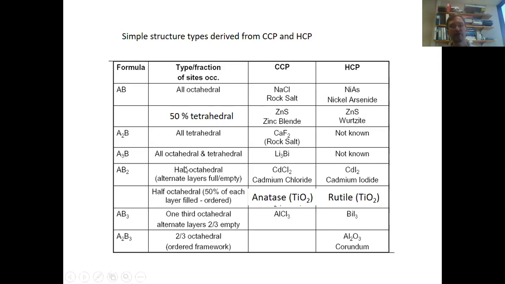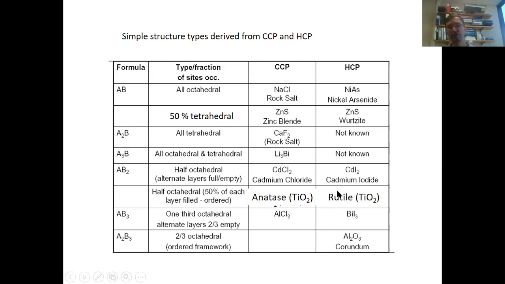So if we fill half of the octahedral holes, not in a layered fashion, but isotropically throughout space, then we will get framework structures. In the cubic close-packed structure, that's the anatase. In the hexagonal close-packed structure, that's the rutile.